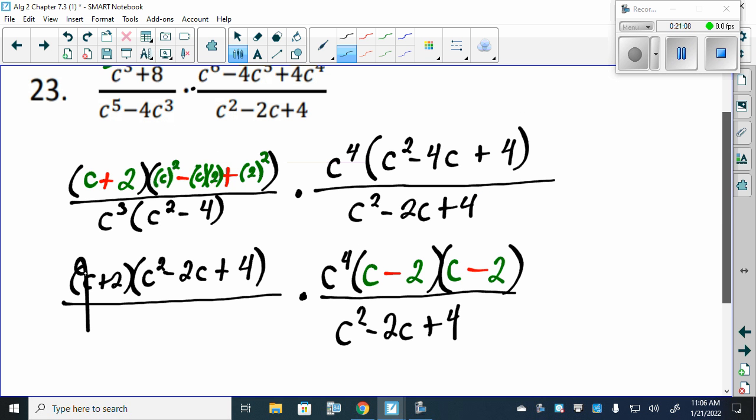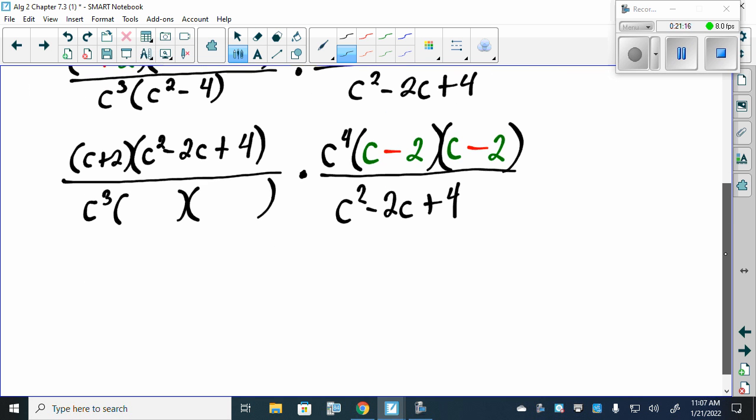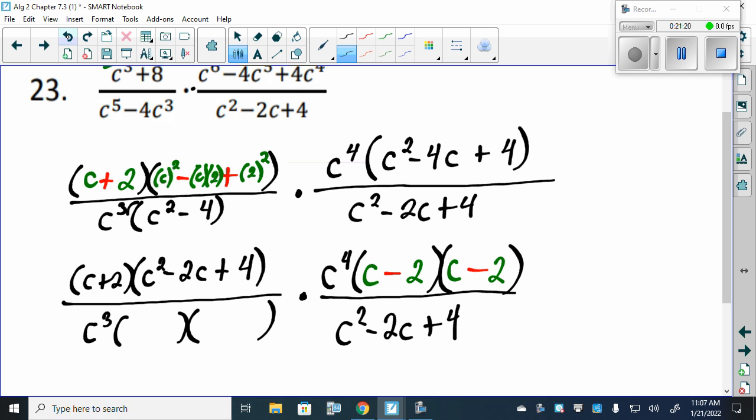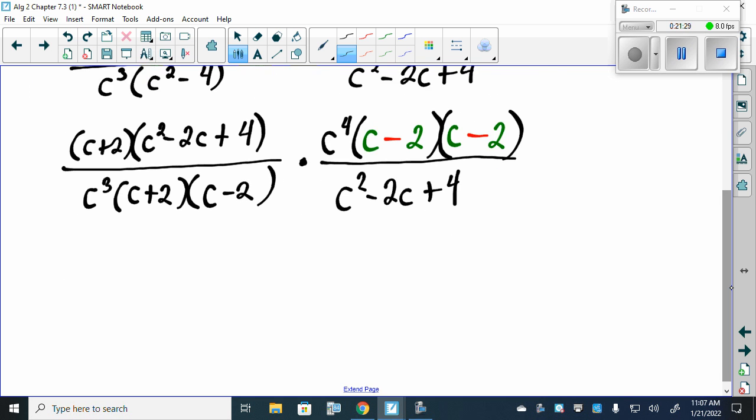Well, c squared minus 4 is a difference of perfect squares, which would actually factor to what? c plus 2 and c minus 2. Any questions on this so far?